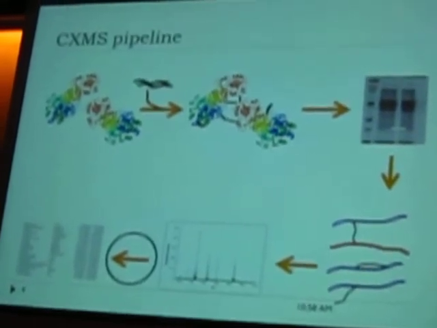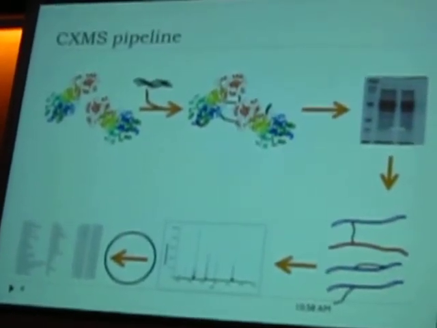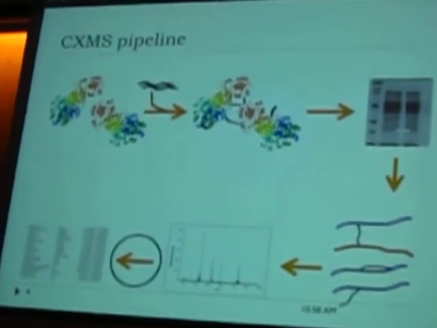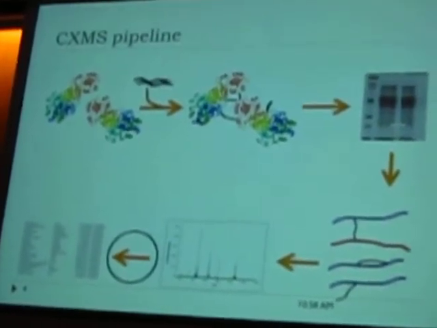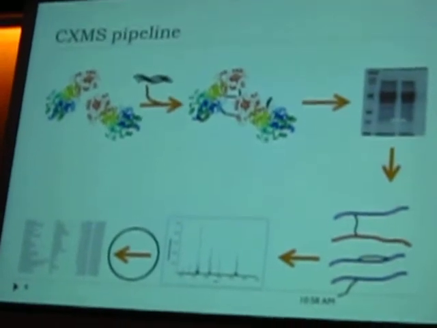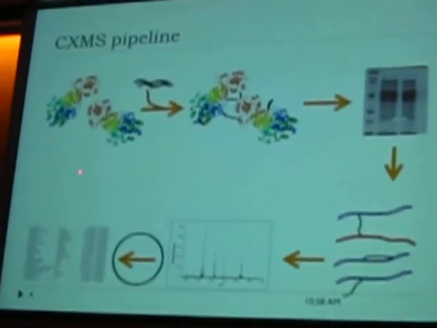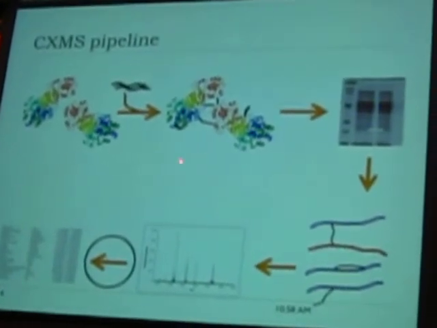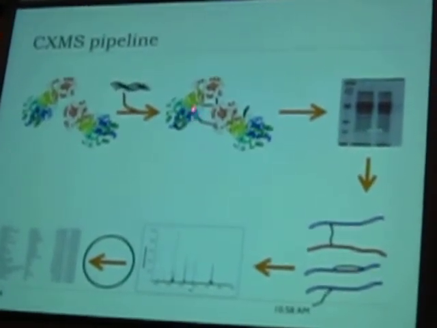So we have two proteins. We add the cross-linker and let them react with each other, and that gives us certain kinds of cross-linking.